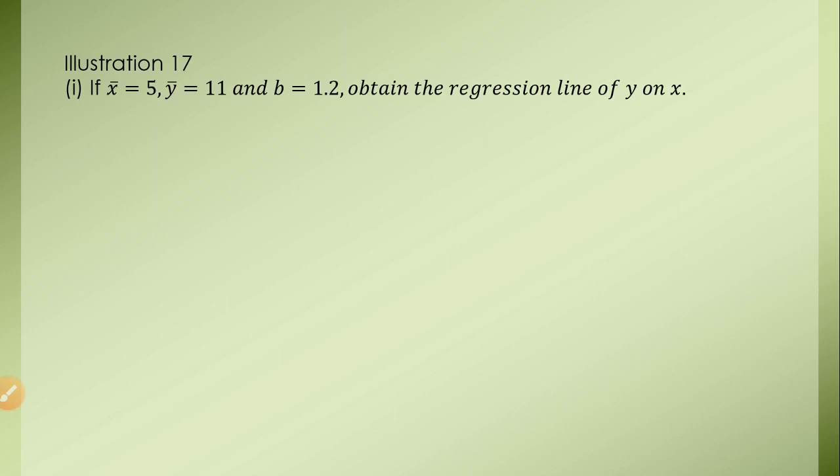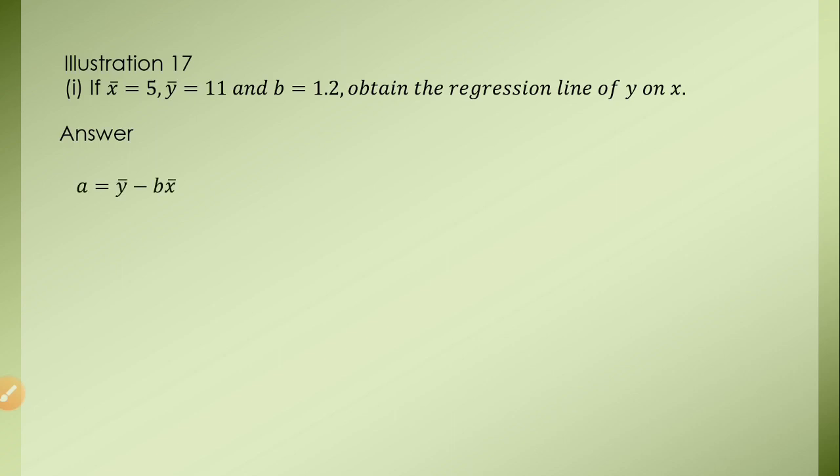How do you find the line y on x? Just remember those 3 steps I told you: step 1, step 2 and step 3. Step 1 was to find b, and b is already given in the question. So step 1 is solved. Step 2 is to find a. The formula for a is y bar minus b x bar.